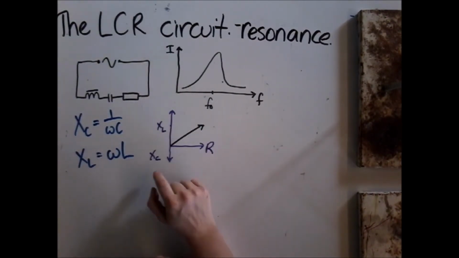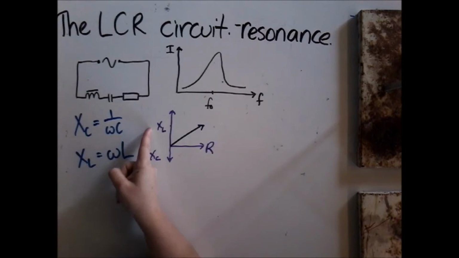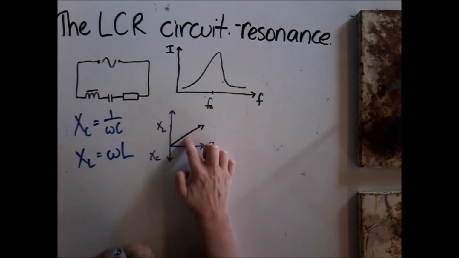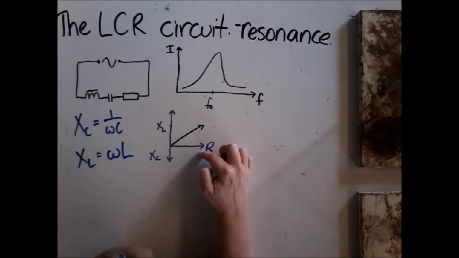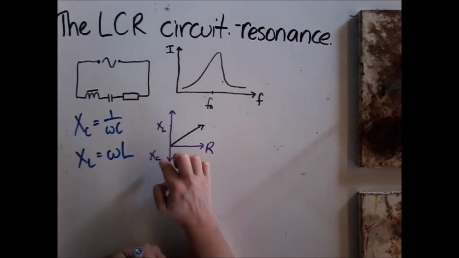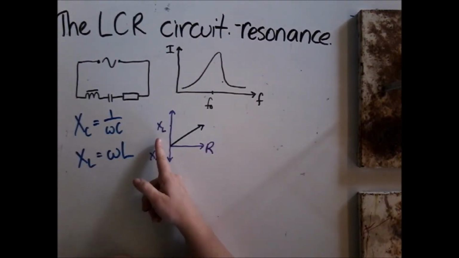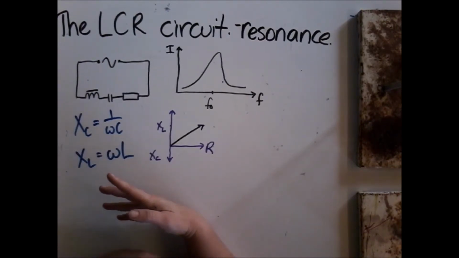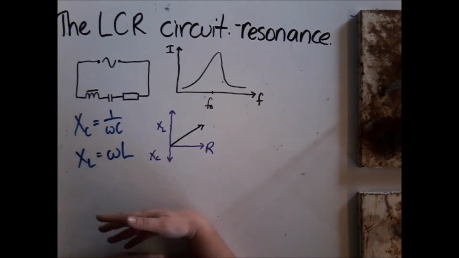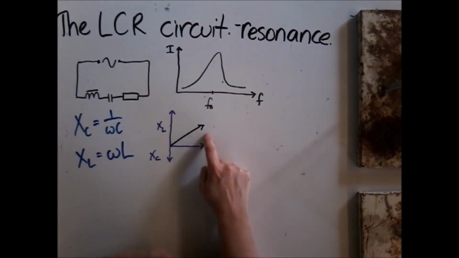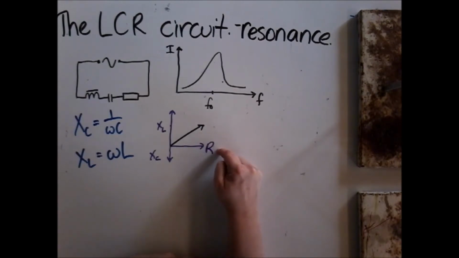And if there's ever any kind of reactance in the circuit, this impedance is going to be bigger than R. I hope you can see that from using triangles. It doesn't matter whether the reactance of the capacitor is big and the reactance of the inductor is small. As long as there is some overall net reactance in the circuit, then the impedance will be bigger than R.